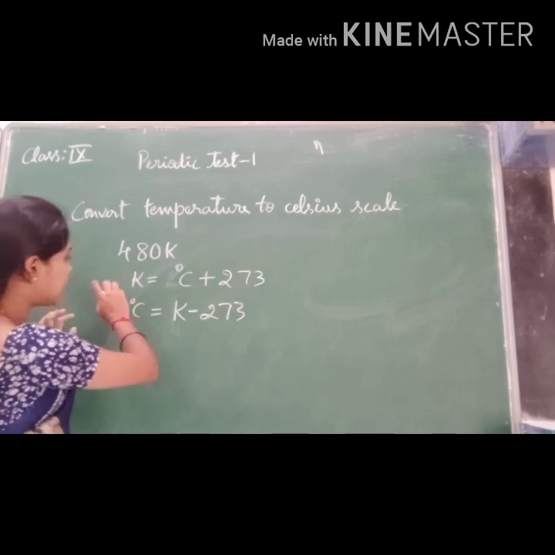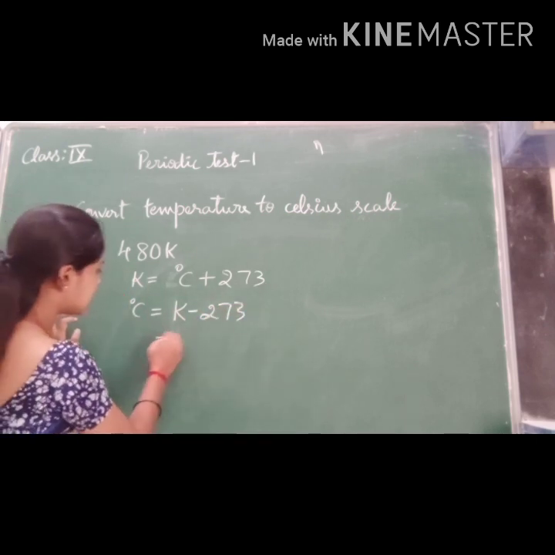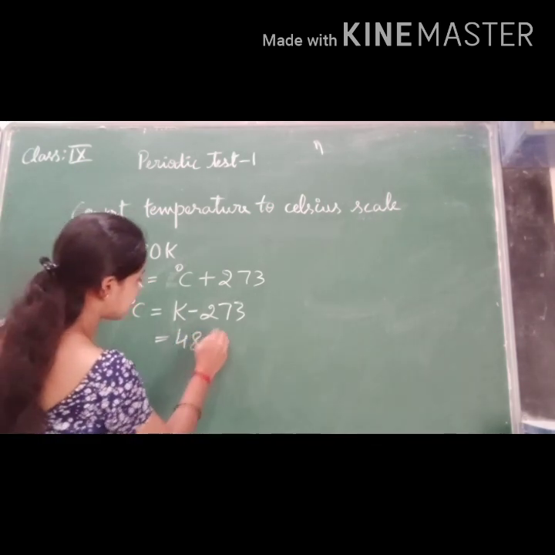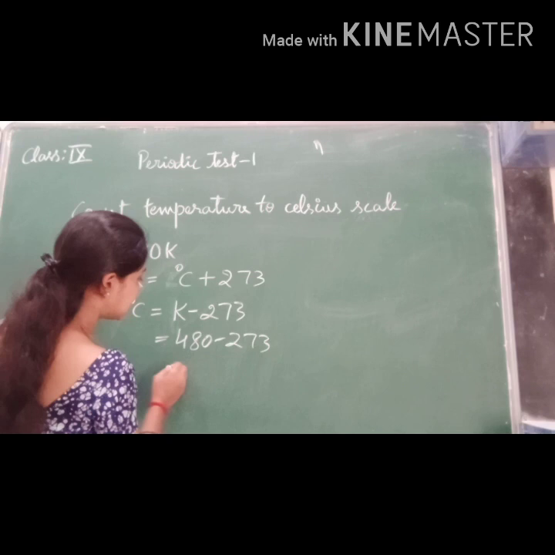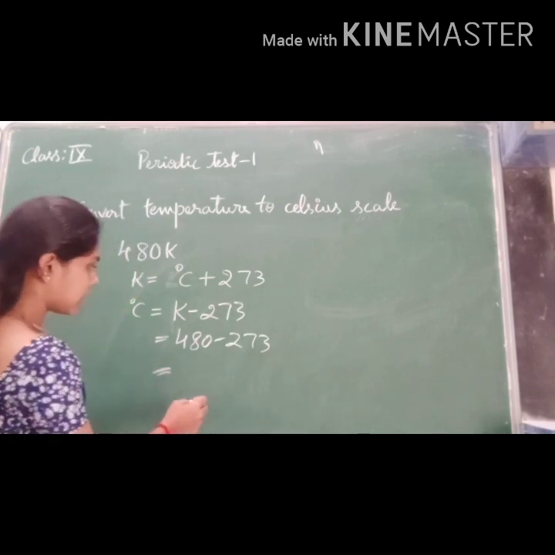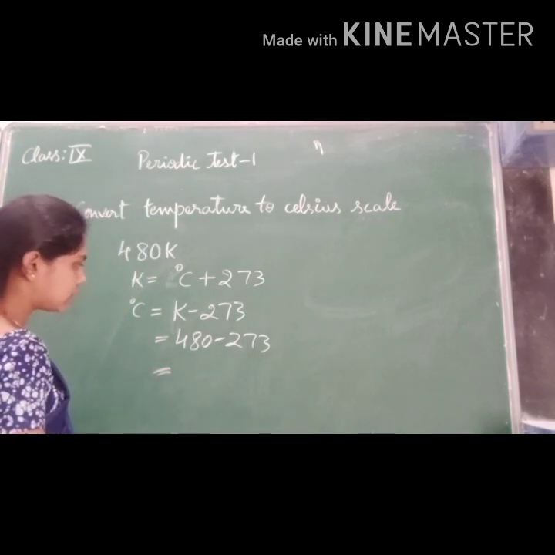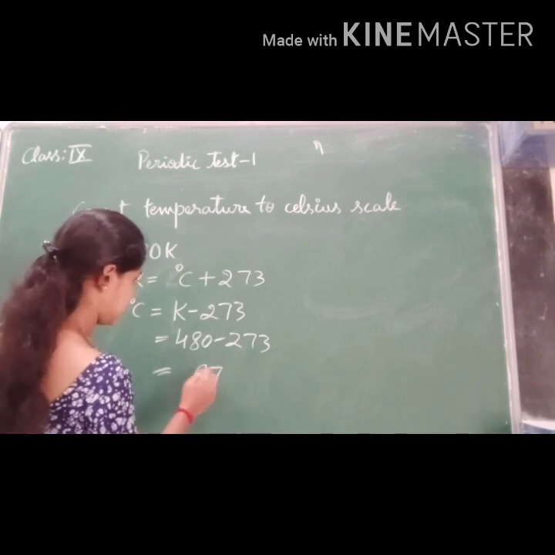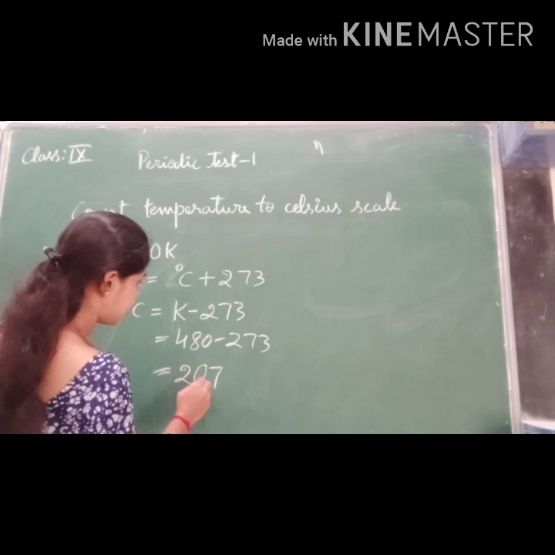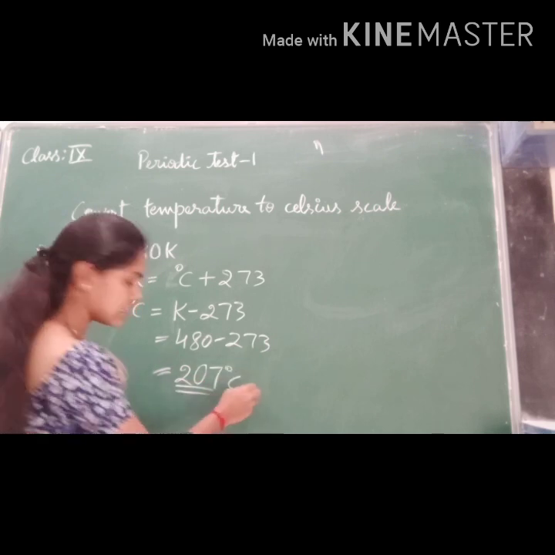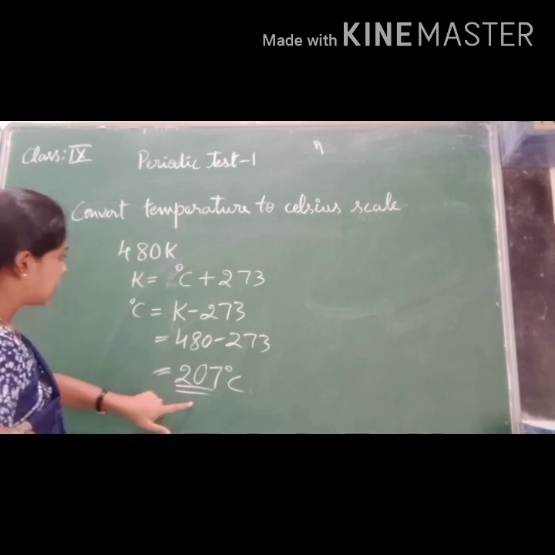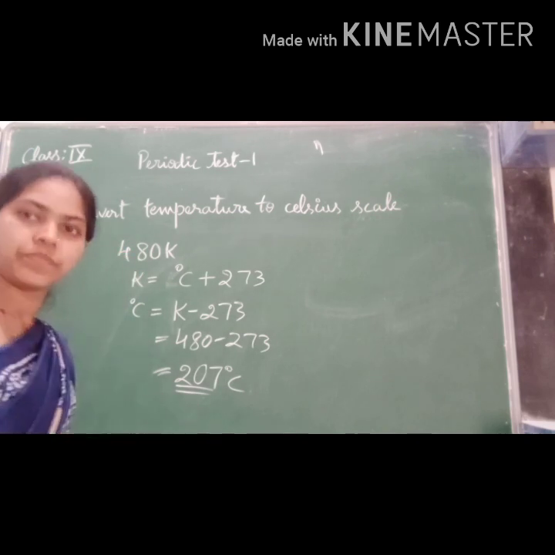What is the temperature given? That is 480. 480 minus 273 is equal to how much? That is 207 degree Celsius. So I converted the temperature in Kelvin to degree Celsius.